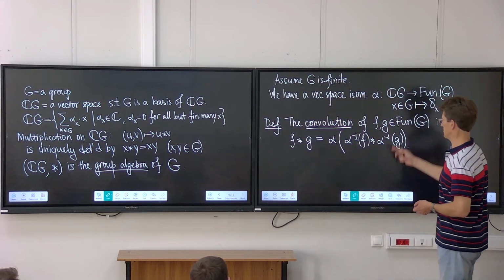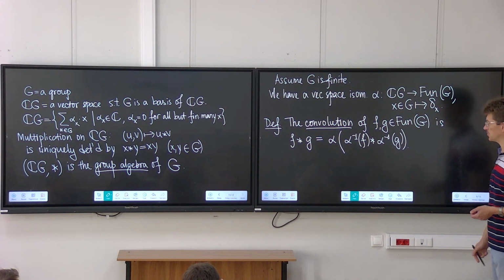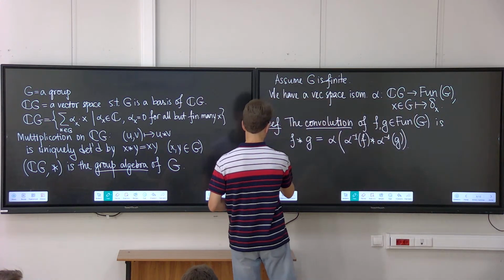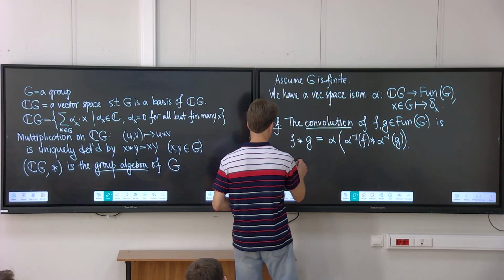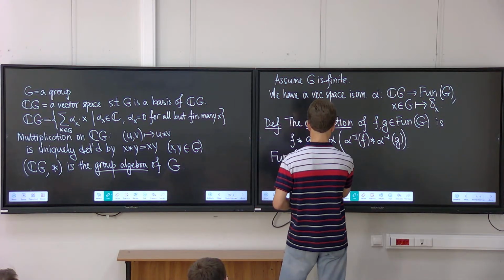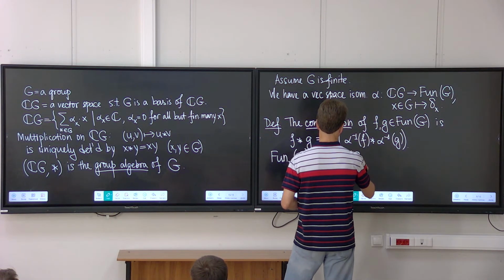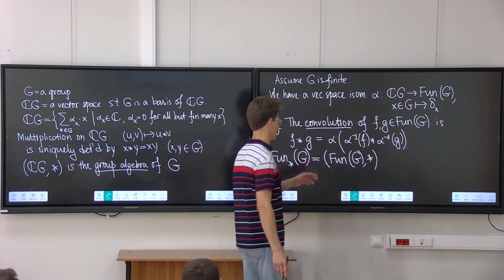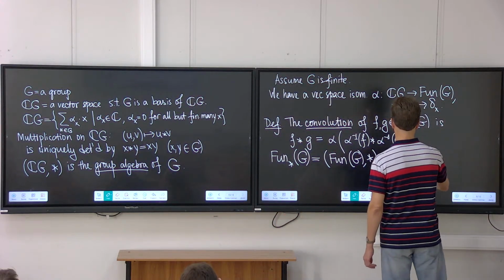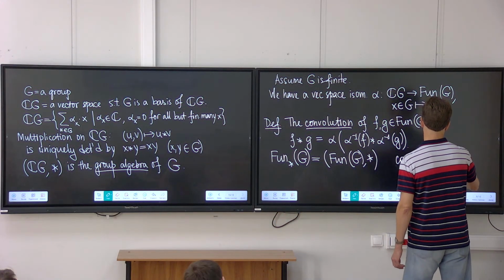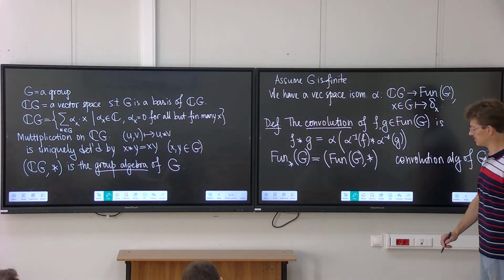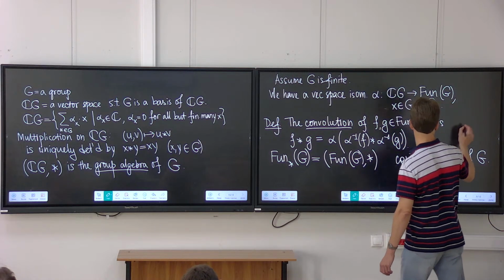So basically, this is just the product in CG transferred to the space of functions. As a result, the space of functions becomes an algebra with respect to the convolution product. Let's denote it by Fun star G. This is the convolution algebra of G. By the way, the Russian for convolution is svertka.